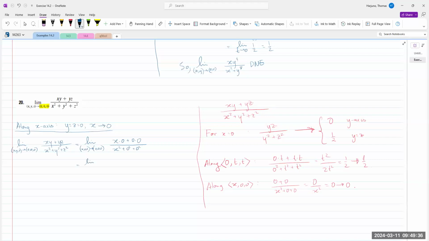That's the limit as x approaches 0 of 0 over x squared. That's the limit as x approaches 0 of 0, that's 0.